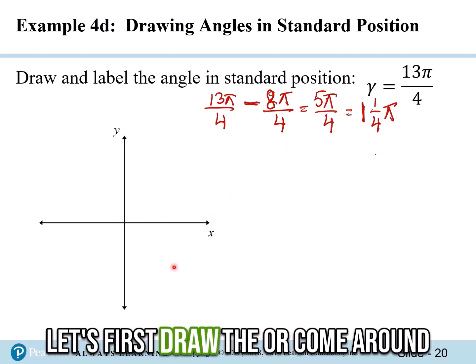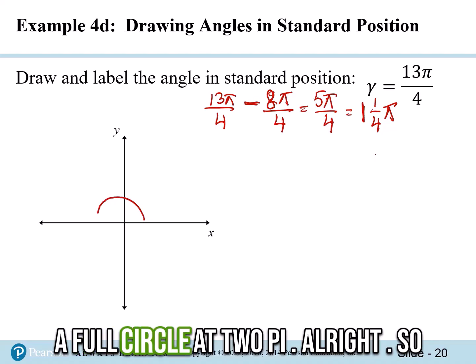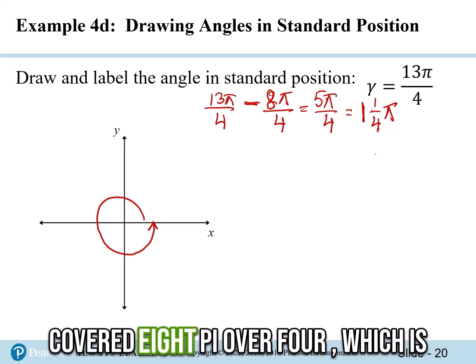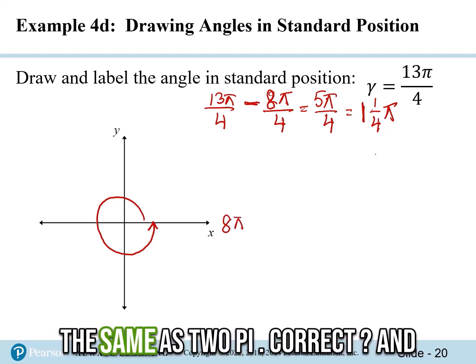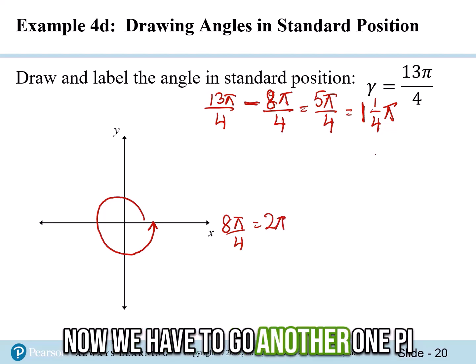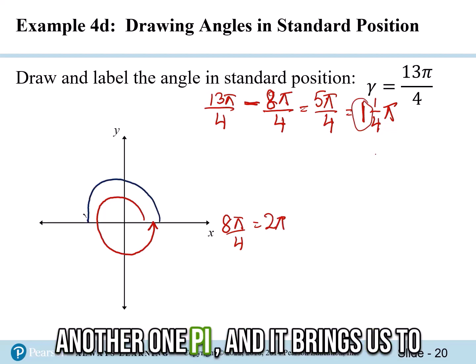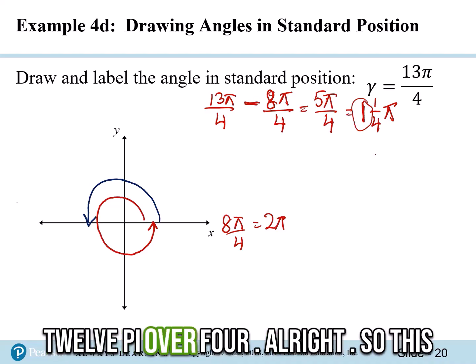Let's first come around a full circle at 2 pi. All right, when we come full circle, we have covered 8 pi over 4, which is the same as 2 pi, correct? And now we have to go another pi, and this brings us to 12 pi over 4.